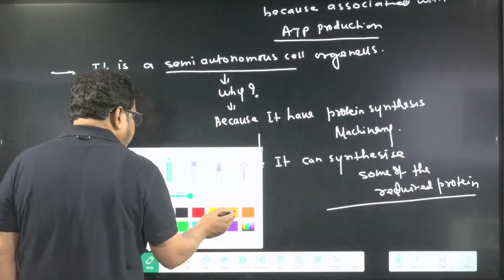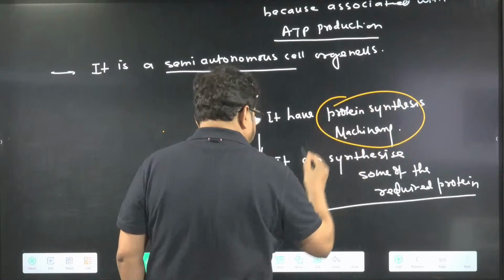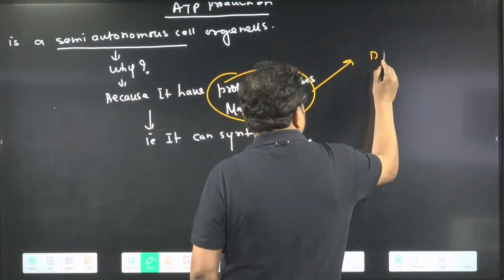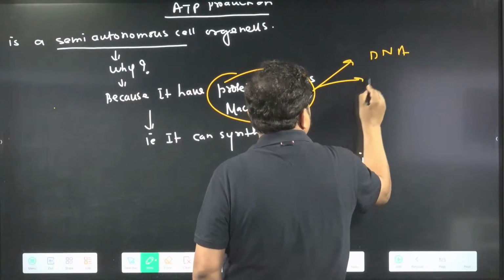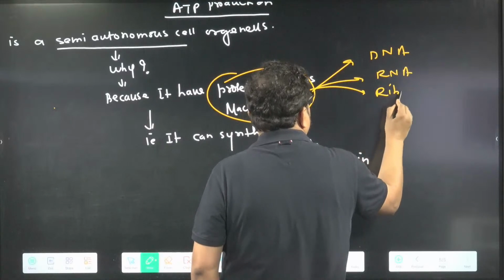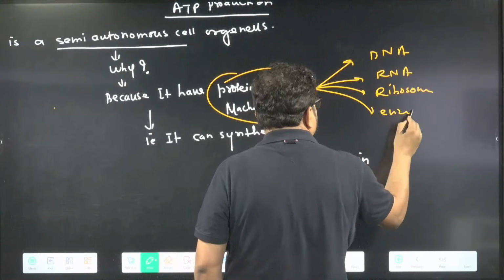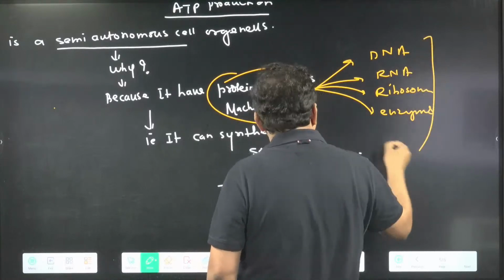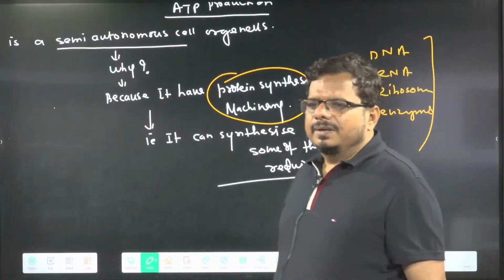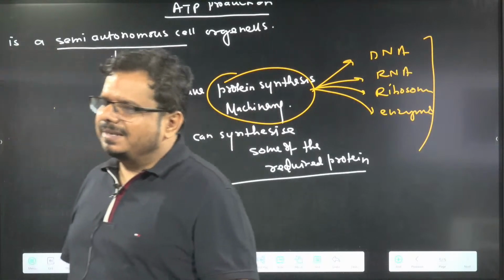What is present in the protein synthesis machinery? For protein synthesis, what is required? DNA required, RNA required, ribosome required. Got the idea or not? And enzymes required. So these all are present in mitochondria. Otherwise, if any one is not there, protein synthesis will not occur. Understanding the idea.